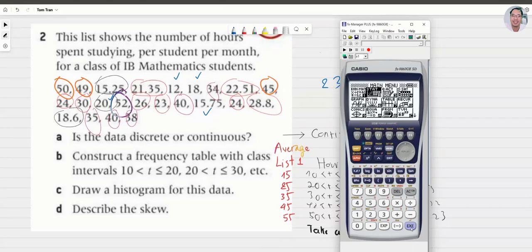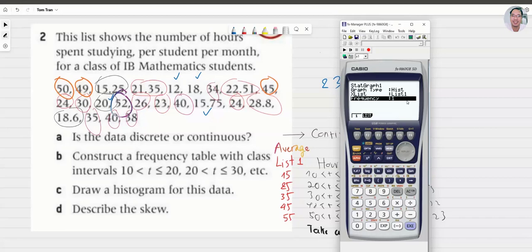Menu, start the list. You need to enter the 2 columns. The first column is the average value, the second column is the frequency, and then in the setting, the graph type is the histogram, and the frequency here. In the frequency, you will hit the list. We choose the list, which is list 2. Type in the number 2 here.